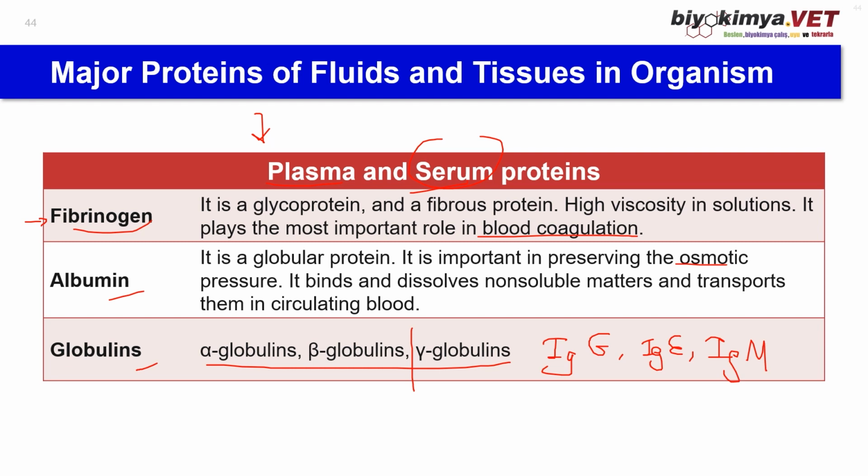And for the alpha and the beta globulins we can give examples such as alpha-1 antitrypsin. And also there are subtypes such as alpha-1, alpha-2 globulins or beta-1, beta-2 globulins. And there are too many proteins in the family of globulins, which have various functions.